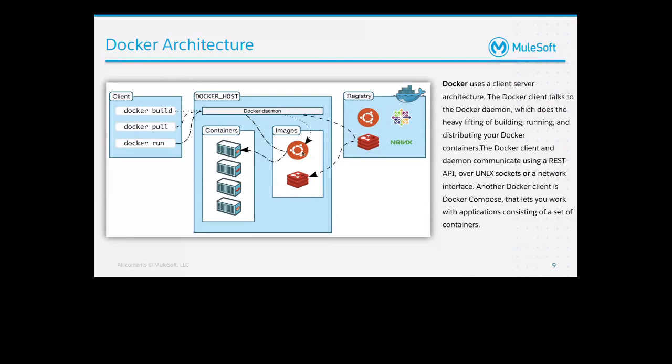If it is a public registry, probably everyone available here should have access to it, and you can use that image directly to spin up your own containers. So you can expose this image publicly. Or else, if it's just within your company and very private, then you use a private registry and expose that image, and it can be used across your enterprise. So that's about your Docker architecture.